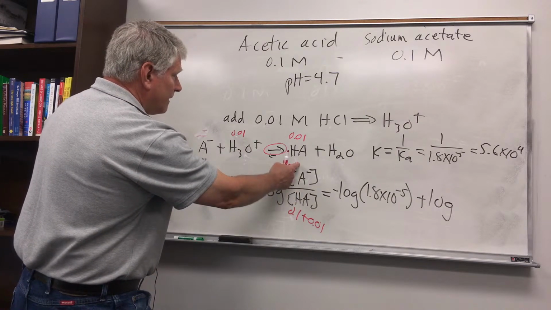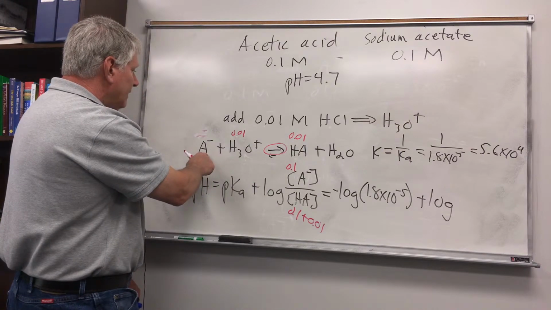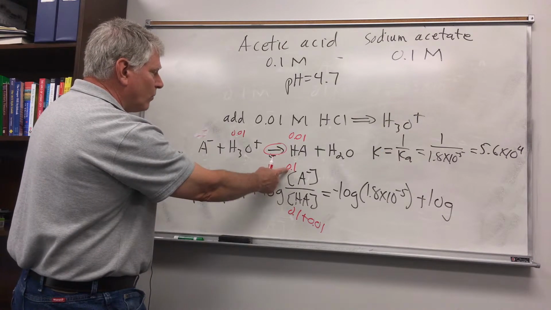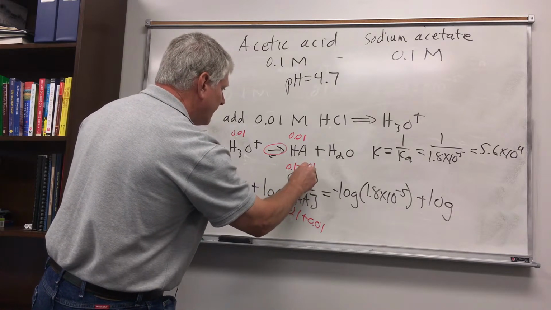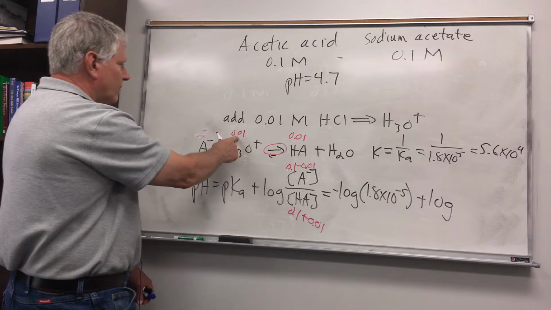And then I've reacted 0.01 A minus, so instead of 0.1 initially, I have 0.1 minus how much has reacted, and that's 0.01 from the strong acid.